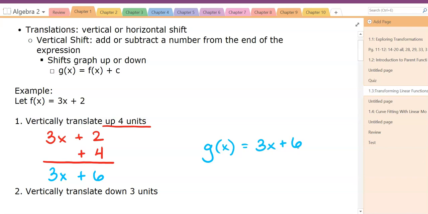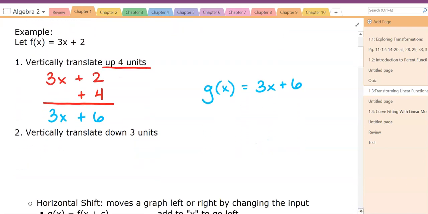So for the second one, it says to vertically translate it down 3 units. So again, if I start with the original 3x plus 2, how do you think I would write it if I'm going down 3 instead? Good, minus 3. And again, that's just going to go underneath that 2.